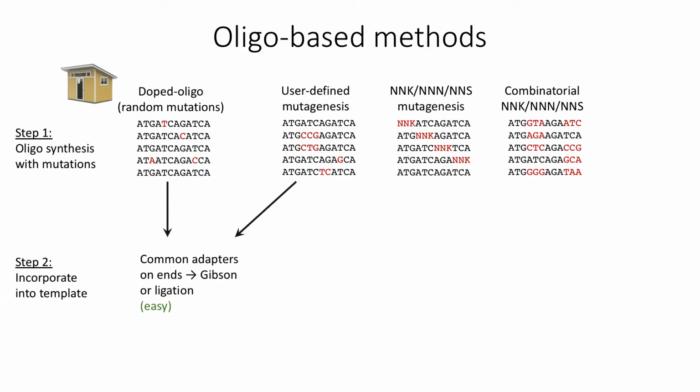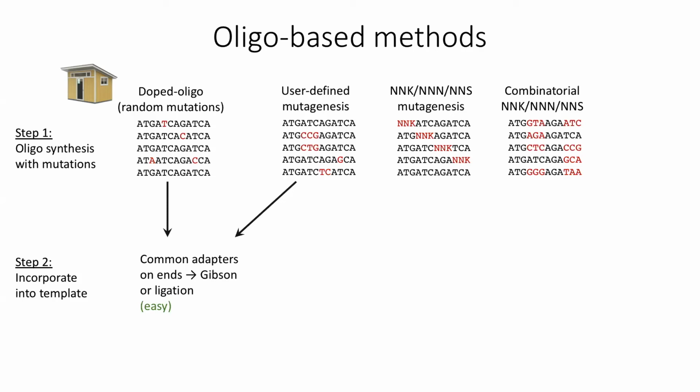And so you can order mutations in oligos in a number of categorically distinct ways. So doped oligos on the left there would be if you told IDT at each position, I don't want you to make it 100% the wild type base. I want you to make it 97% wild type base, and then 1% for each of the 3 remaining bases.